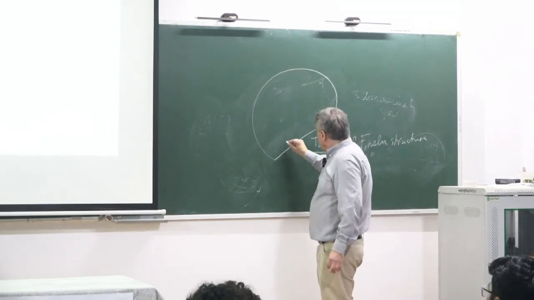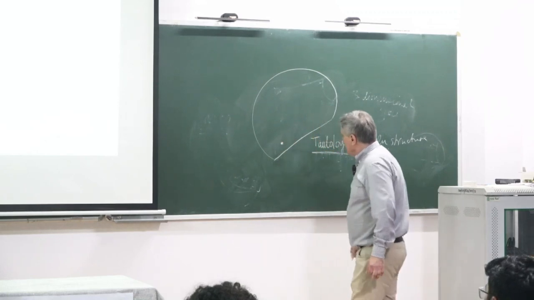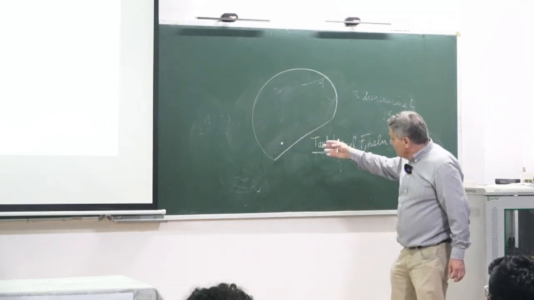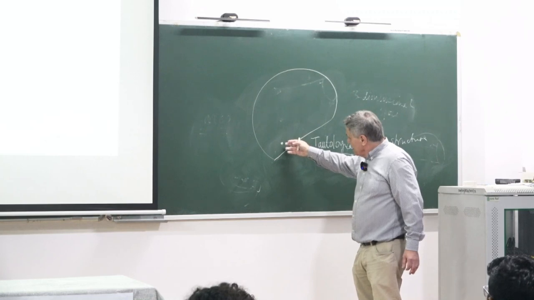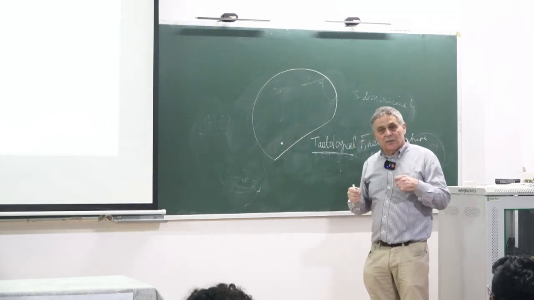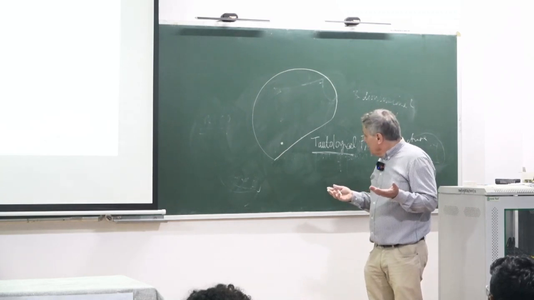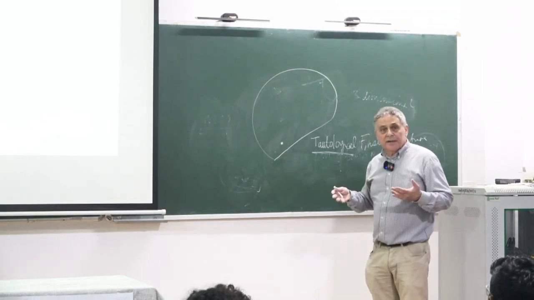So at a point here, I take as a convex set in my tangent space. You see, this convex set will be the unit ball in the tangent space.